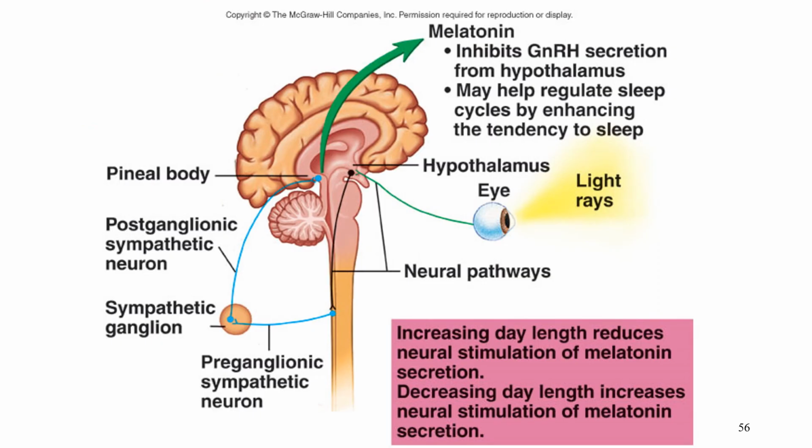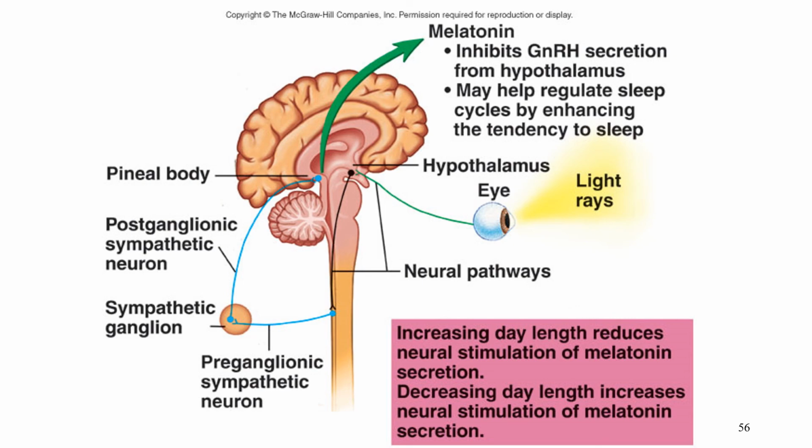Okay? So this actually shows you how the light affects your pineal gland. So when there are light rays that are captured by the eye, of course, nagkakaroon tayo ng mga neural pathways.